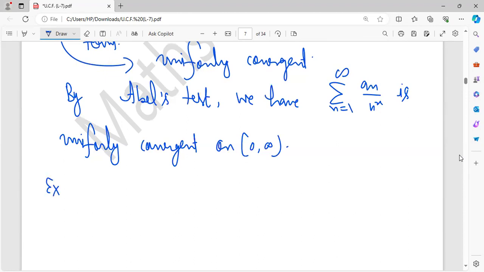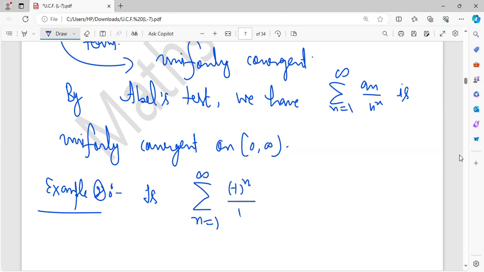Now see the second example. You see this example. Is summation n goes from 1 to infinity (-1)^n |x|^n uniformly convergent on this interval?